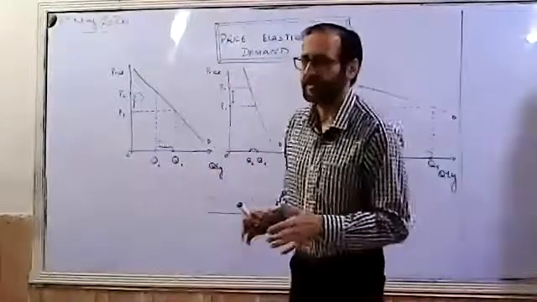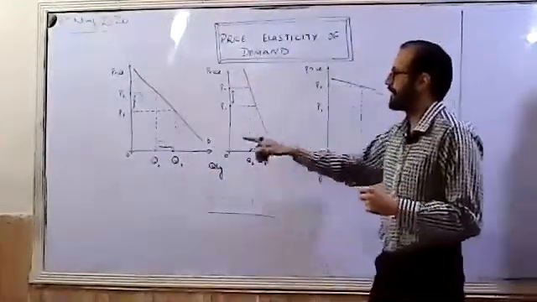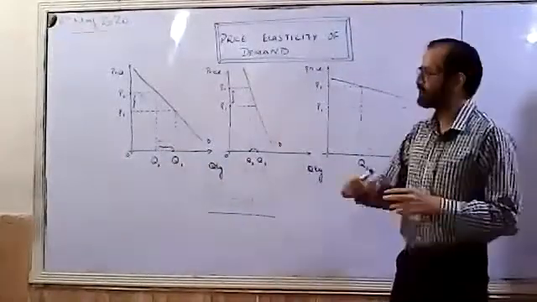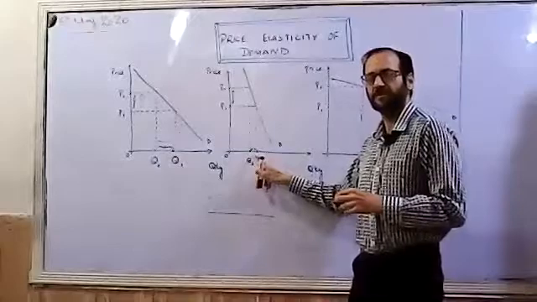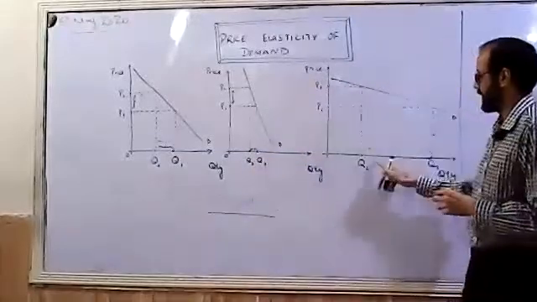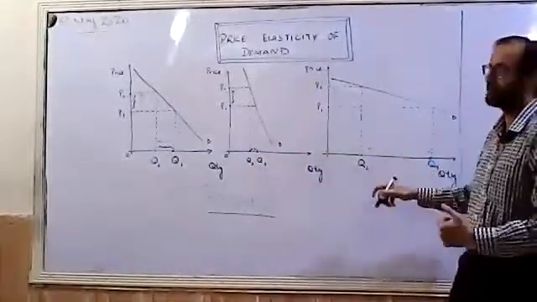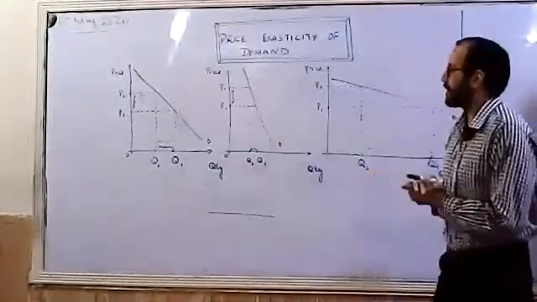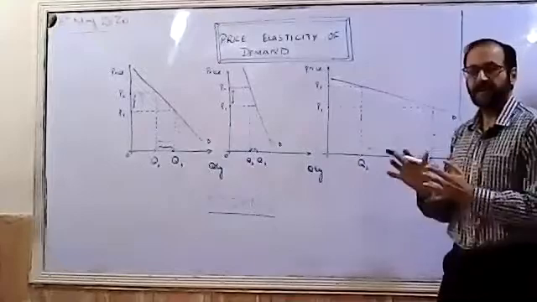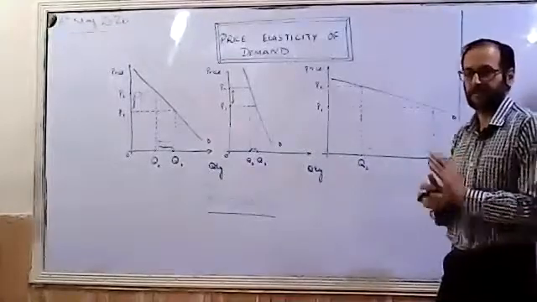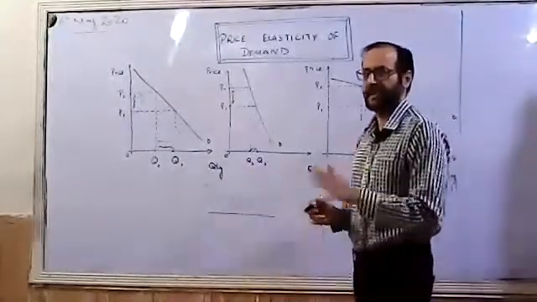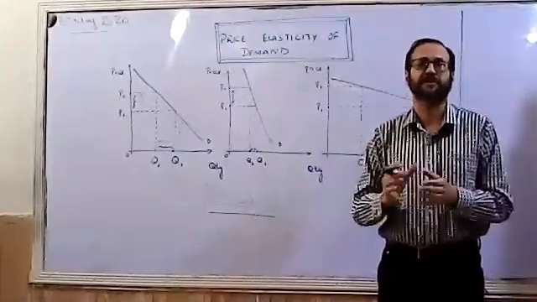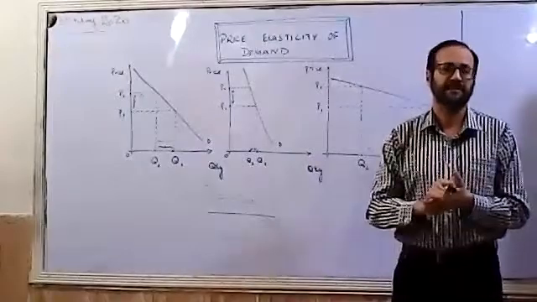There are certain commodities which have maybe this type of response. Might be some products which have this type of response, and there might be some products which have a huge response due to the change in prices. Why are they changing so rapidly? The answer is going to be in our next lesson, when we will find out the various factors and determinants of elasticity.